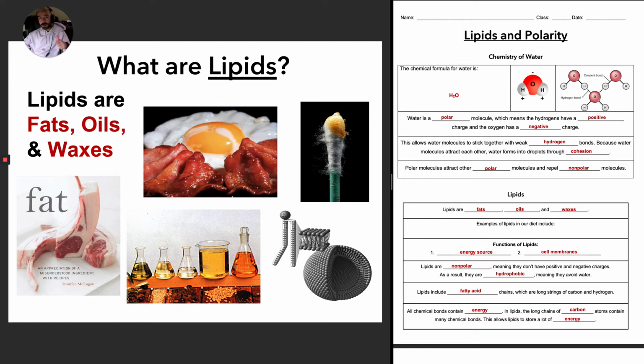So canola oil, just regular vegetable oil, olive oil, sunflower oil, whatever it is. And here's earwax, which is a little less appetizing, of course, but gets the point across. And then here we see an actual lipid. This is what a single phospholipid looks like. We see how those are arranged into layers, and then we see here how that could form into a membrane, which is where we're going with this.